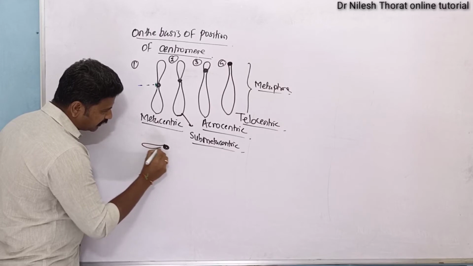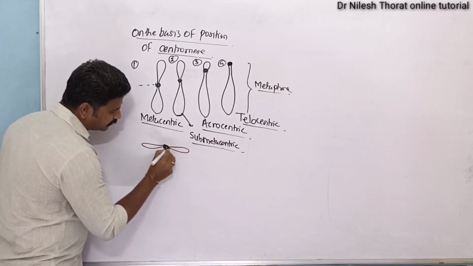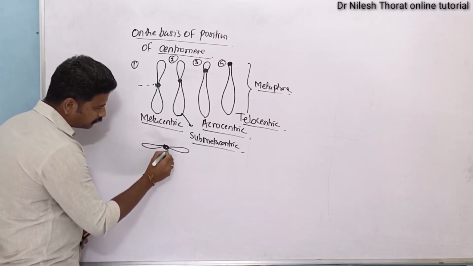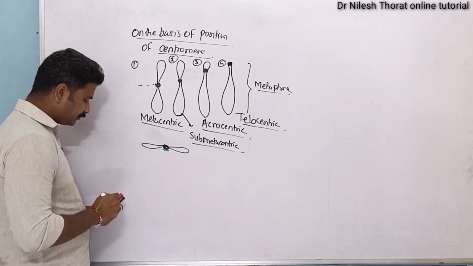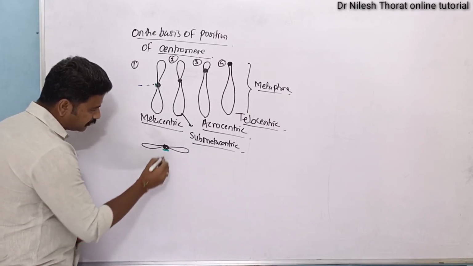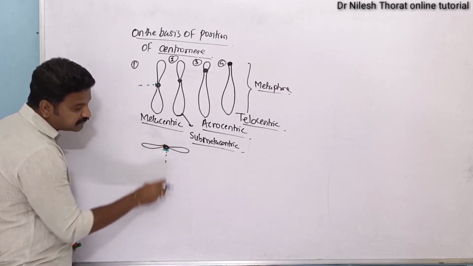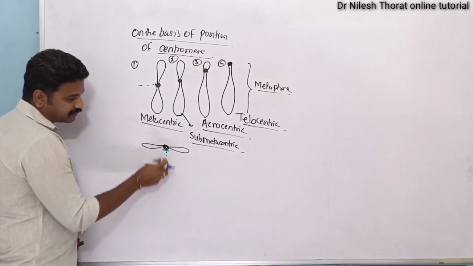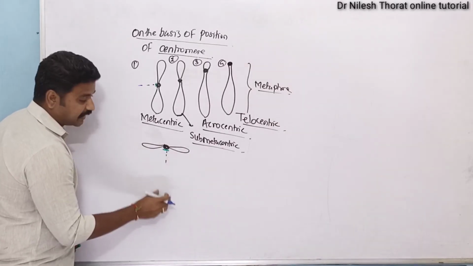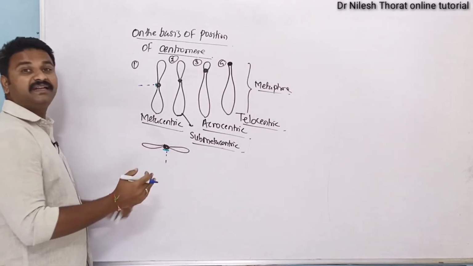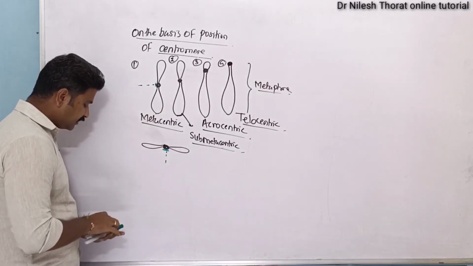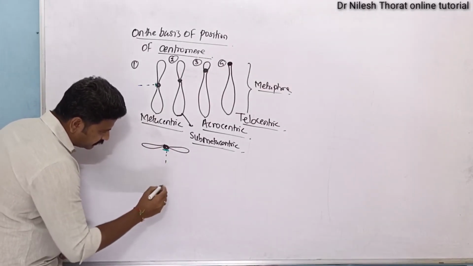So if we pull a metacentric chromosome, let's say this is a centromere and it has both arms of equal size, and this is a kinetochore to which the spindle fibers are attached, and we are pulling this spindle fiber. Whenever we pull this spindle fiber, the centromere will come first and both arms will trail behind. So this structure will change into such a type of structure.